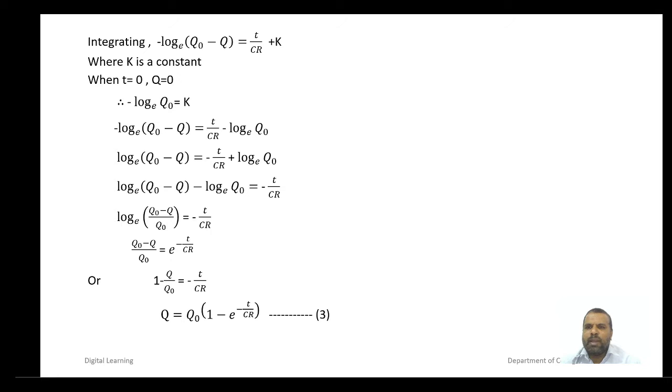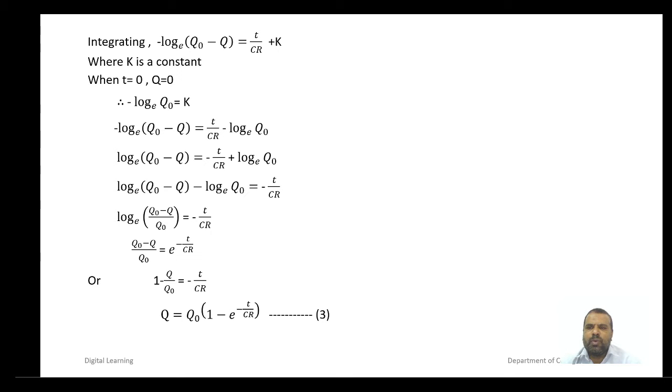Therefore, minus of log Q naught to the base e is equal to K. Minus of log of Q naught minus Q to the base e is equal to t divided by CR minus log of Q naught to the base e, or log of Q naught minus Q to the base e is equal to minus t divided by CR plus log Q naught to the base e.